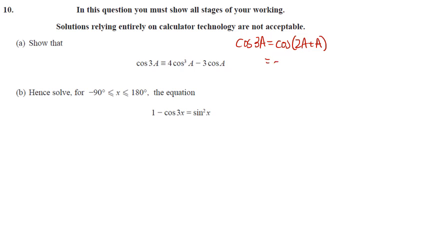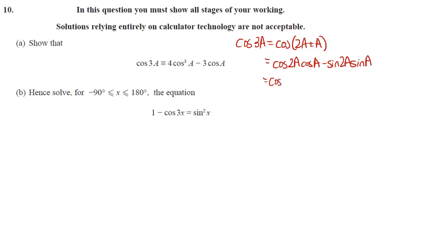And we can expand that, cos 2a cos a minus sin 2a sin a. And then we'll use the double angle identities for cos 2a and sin 2a.